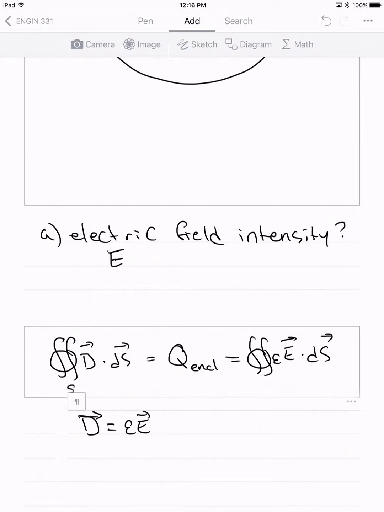If we have the usual situation where epsilon is a scalar that doesn't vary with position, epsilon can come to the outside or we can divide through it. That's how we get the multiple different forms of Gauss's law. In this case, in particular, we have epsilon equals epsilon naught.